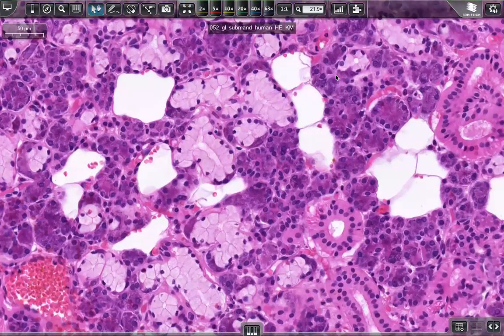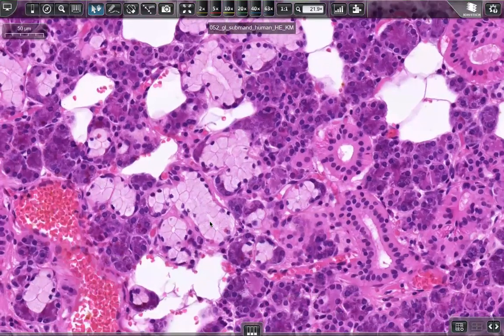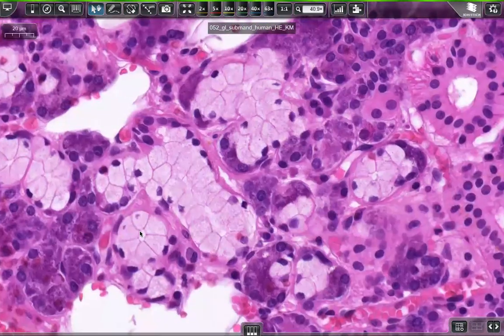Here we have the serous acini, and mucous acini with the foamy cytoplasm. That's the lumen of it. You know, the lumen of the mucous acini is more visible than the serous ones. In the serous acini, the nuclei are round-shaped and well presented, with no exact lumen.